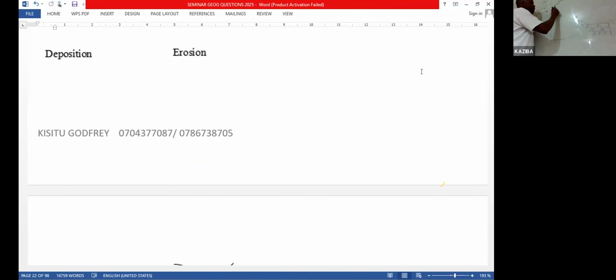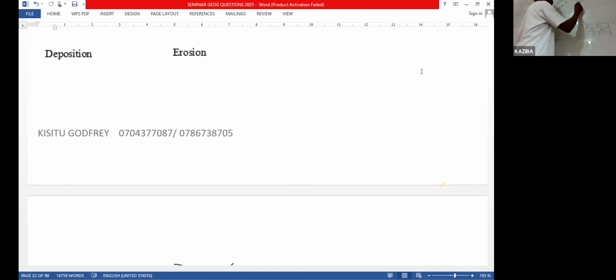The second process is erosion, erosion of weathered particles. The erosion is caused by agents of erosion. Then the next process is deposition of weathered particles.